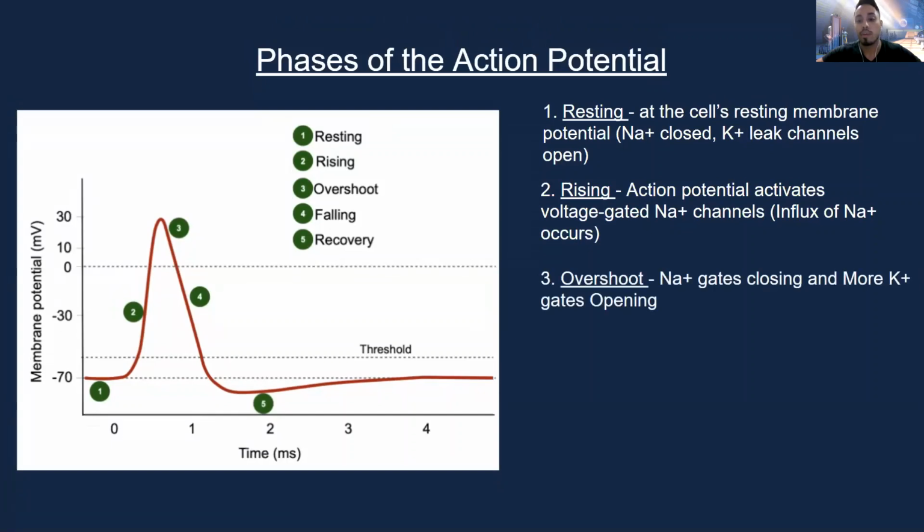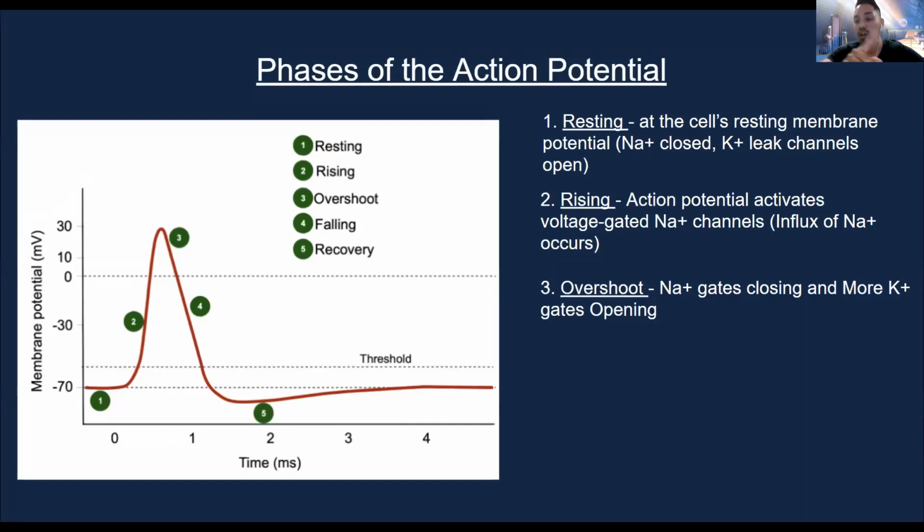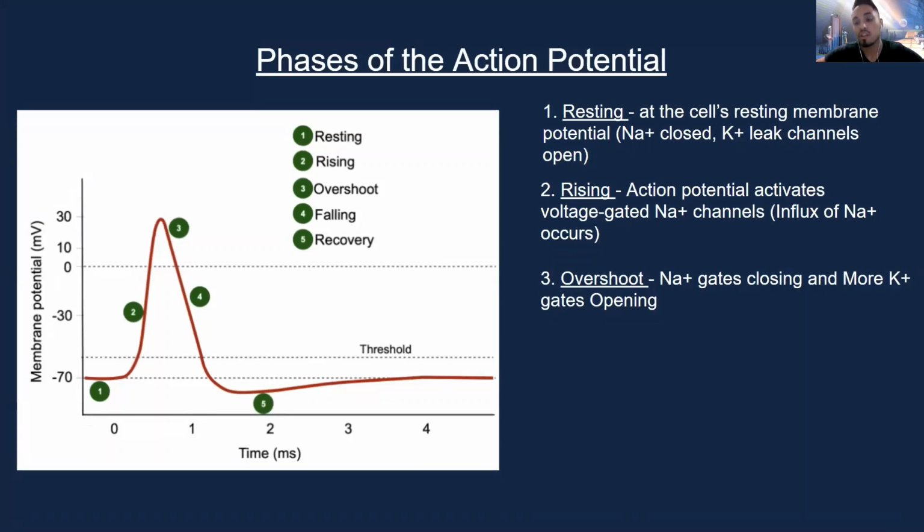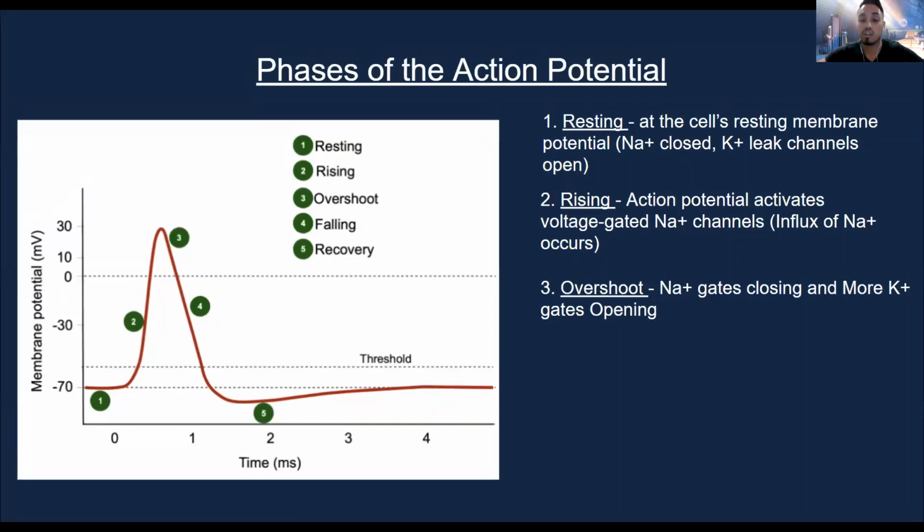At this point, we reach overshoot. So let's say that the sodium channels were open for such a long time that the cell's overall potential went to a more positive value than intended. It overshot it. But then the sodium gates begin to close and more of the potassium channels start to open.